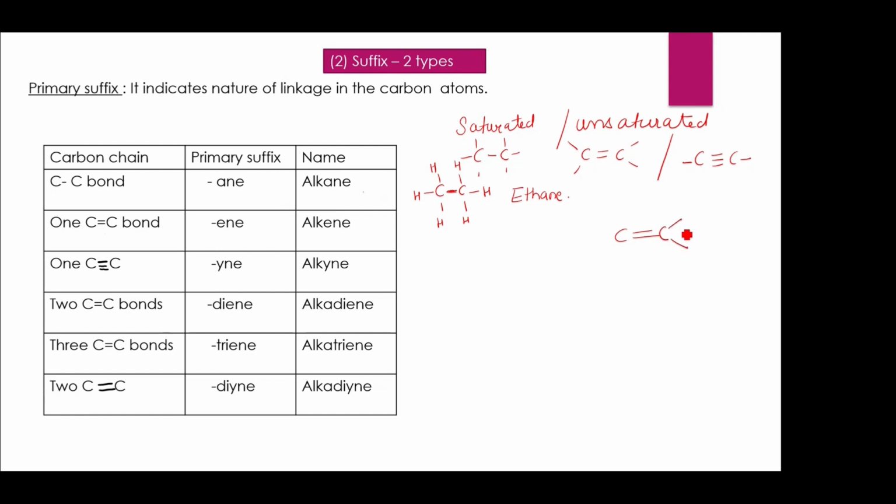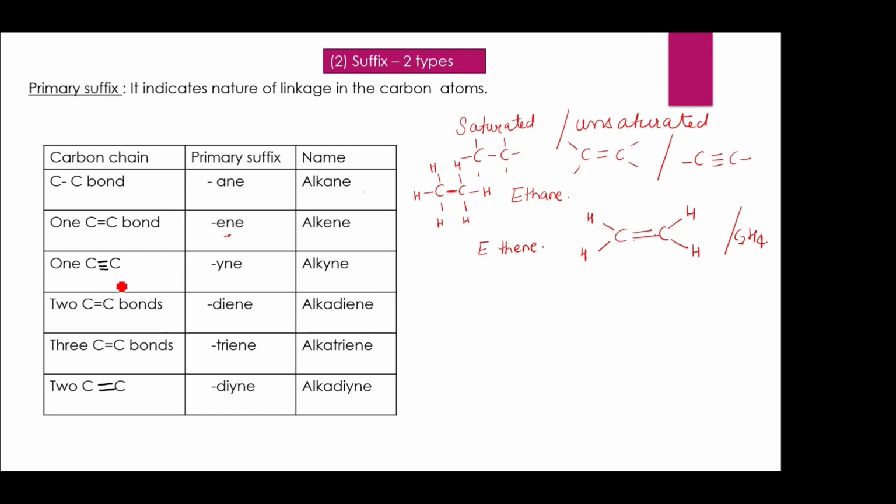If there is a C=C double bond, then we can say that is an alkene. Carbon has 4 valency. Here each carbon has two hydrogens, so this is C2H4. The primary suffix is ene and the word root is eth, so the name of this is ethene.